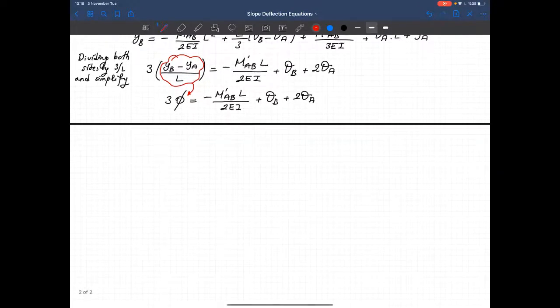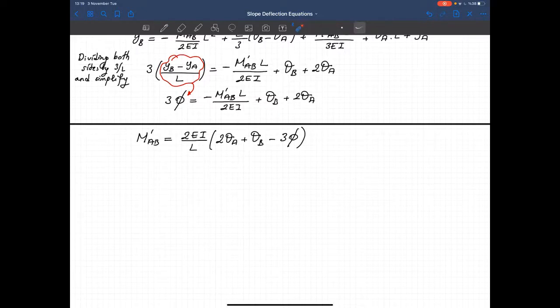If I write what MAB prime is equal to, I obtain MAB prime is equal to 2EI divided by L times 2 theta A plus theta B minus 3 times the chord rotation. As you see, that's the relationship we were looking for. Not all of it, but some of it.